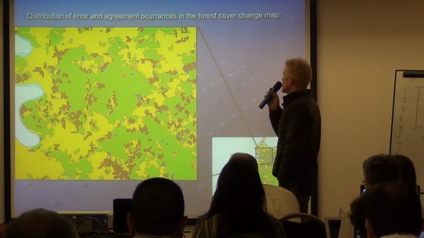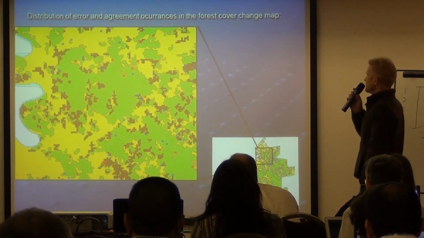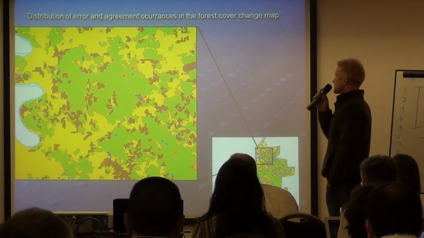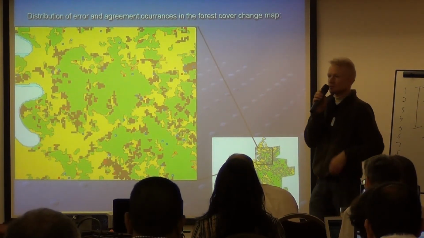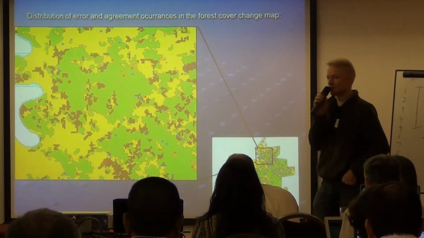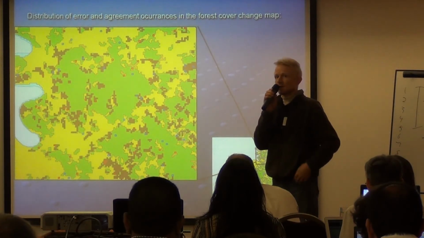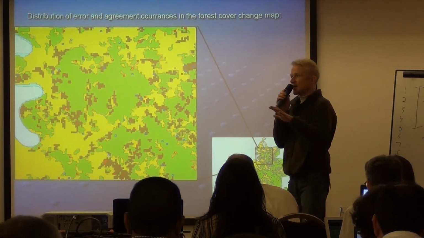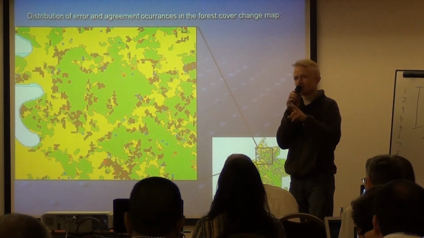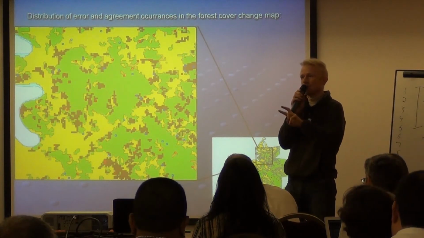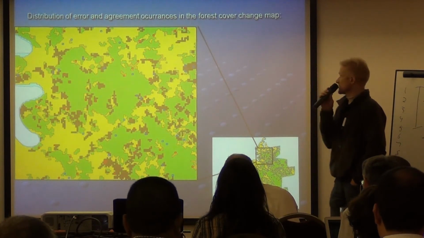And we qualitatively observed that many errors tended to correspond to the fringes of the agricultural frontier, which makes sense in the sense that there might be some confusion in discriminating between non-forest and forest, especially in vegetation regrowth areas.